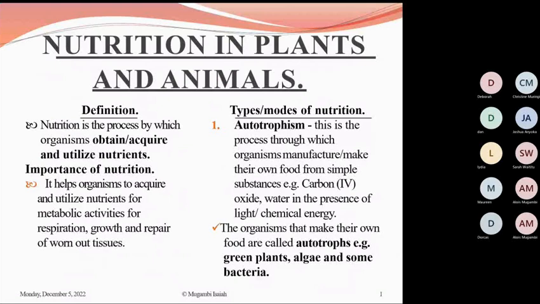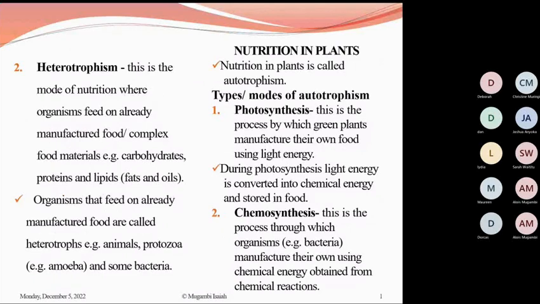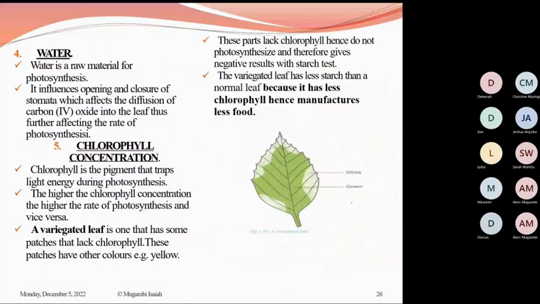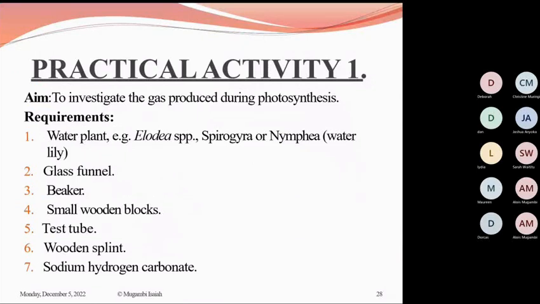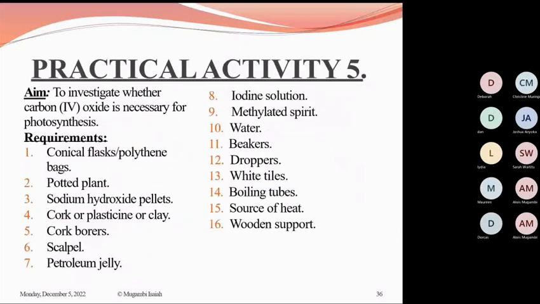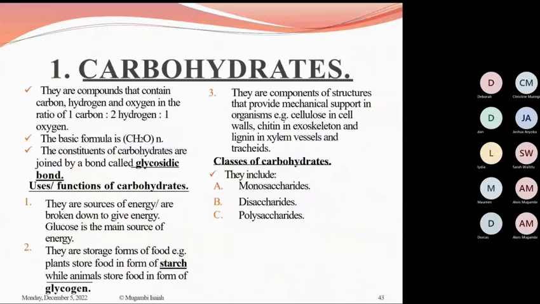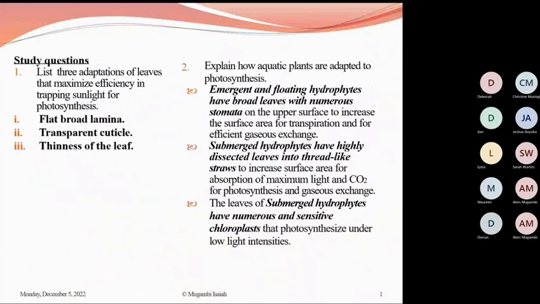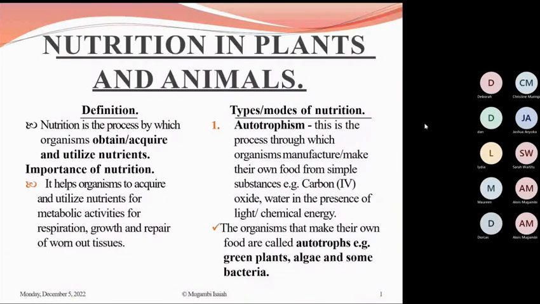Then the types and modes of nutrition, and then photosynthesis. After photosynthesis, you get the enzymes, and from the enzymes you are done with nutrition in plants. The other one is chemicals of life, but we'll see that later.